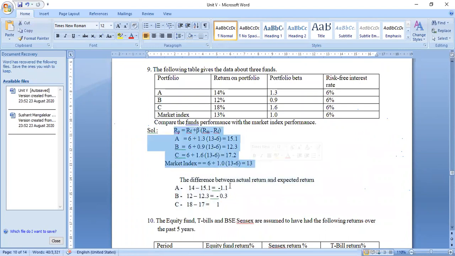If we put those values and substitute the whole Rp minus formula into one formula, then we will get these values. In that case the comparison becomes difficult, because here we are trying to find out with the actual return and the expected return, but here you are just getting the market index. Here actually it is a difference.